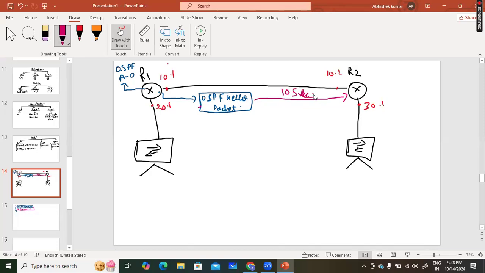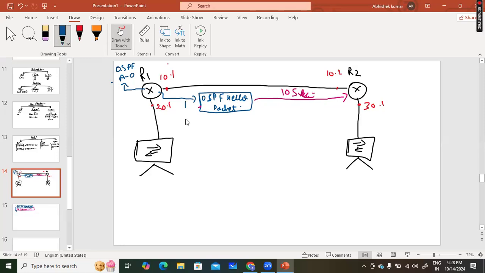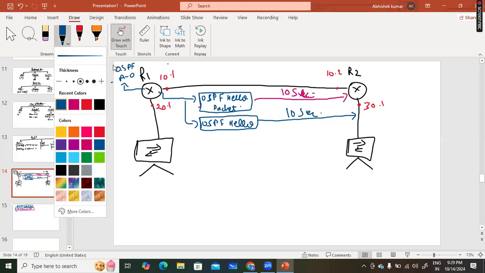That's my question. After 10 seconds, it will again generate a hello packet and hand it over to router 2. Will router 2 reply? No. It waits for 10 seconds. After the 10 seconds, if there is no reply, it generates an OSPF hello packet again.